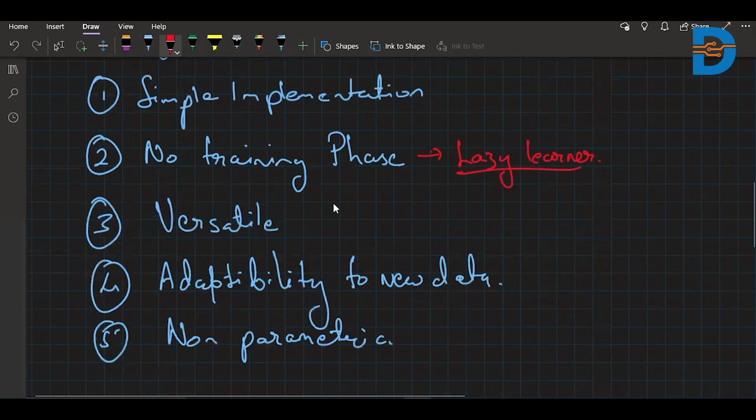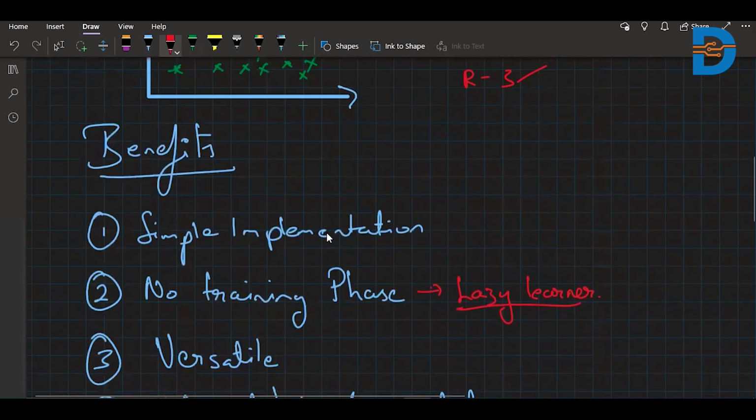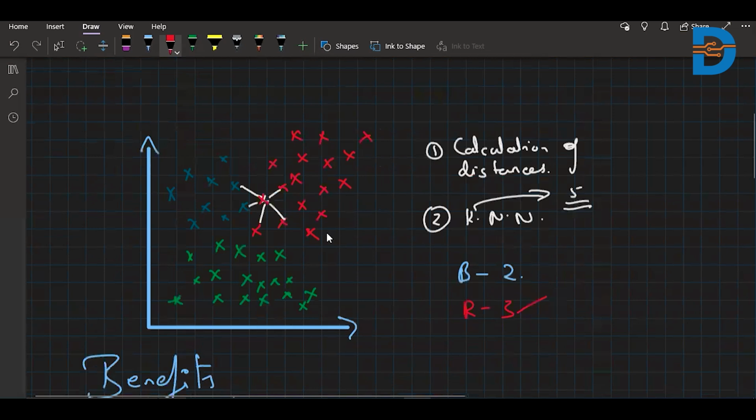Adaptability to new data is also a very interesting point. In other machine learning algorithms which go through an extensive training process, when you introduce new data or your data changes over time, you would have to retrain to an extent in order for it to be valid for the new data.